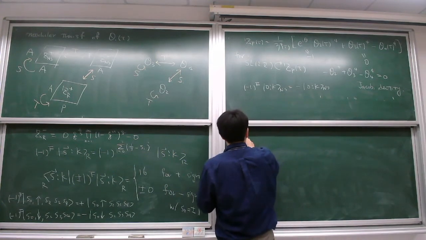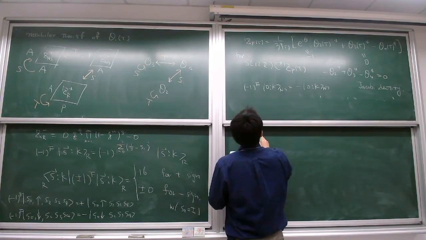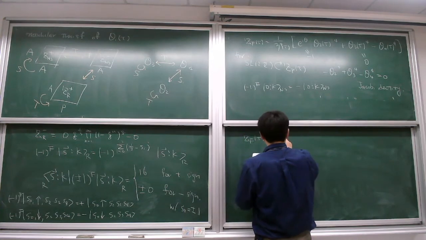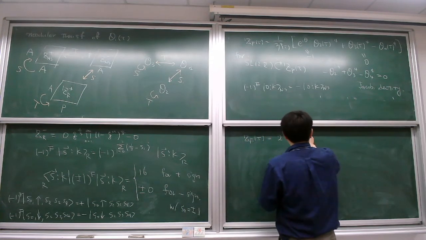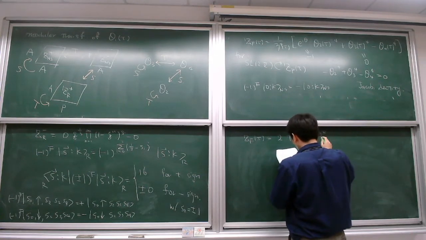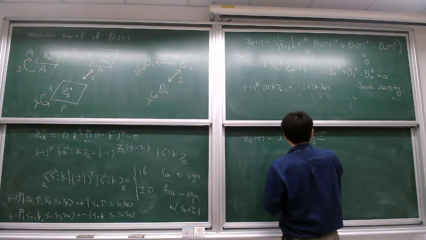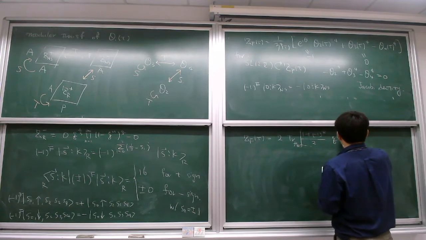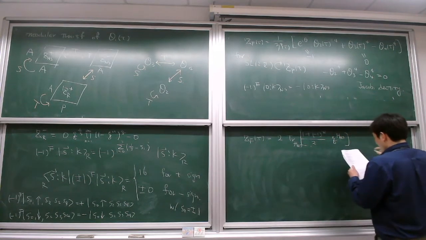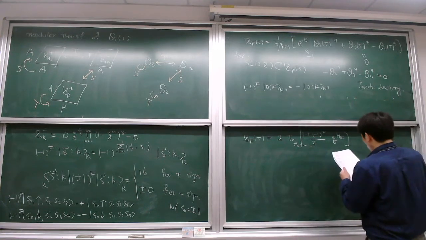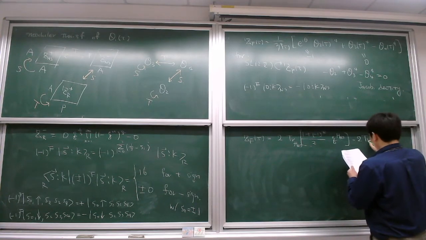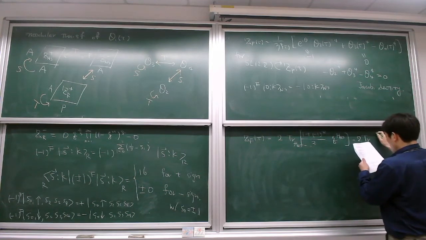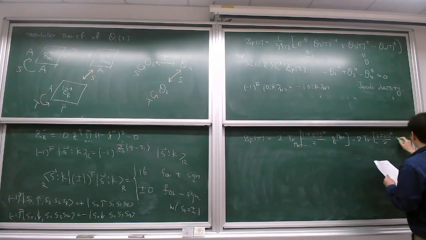Indeed, what we have is that Z_F of tau can be written as: 2 times the trace over the NS sector Hilbert space of (1 plus minus 1 to the F over 2) q to the h, and then you have the minus sign, 2 times the trace over the Ramond sector of (1 plus minus 1 to the F over 2) q to the h.